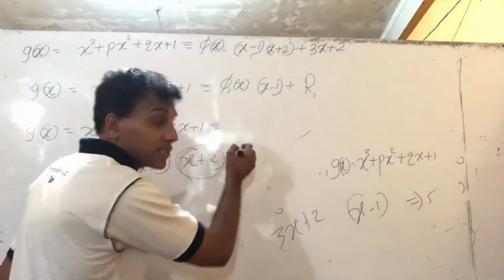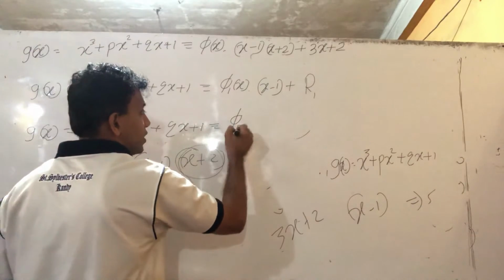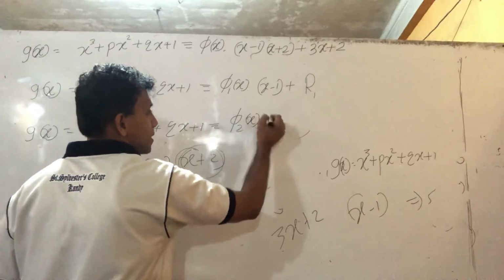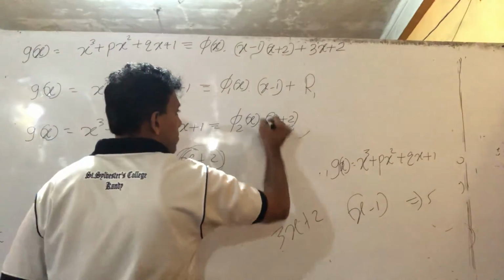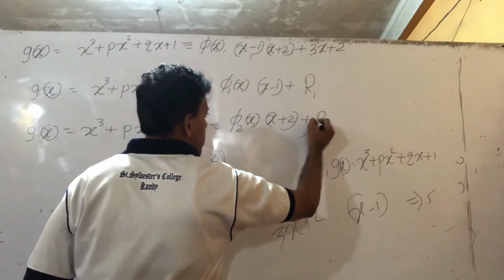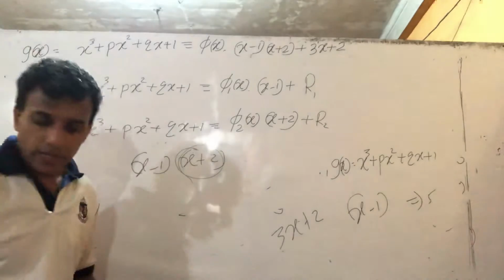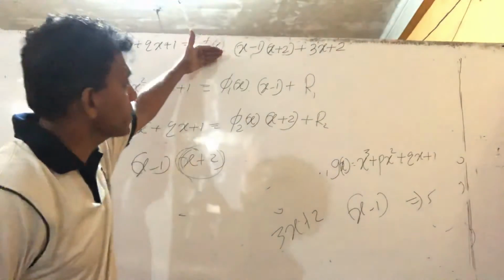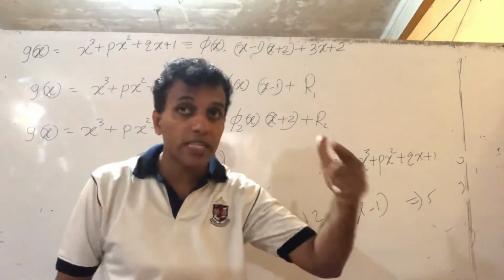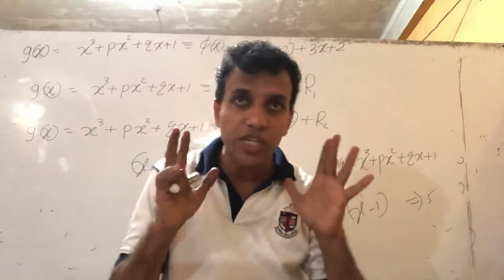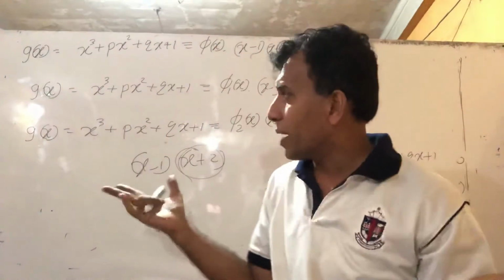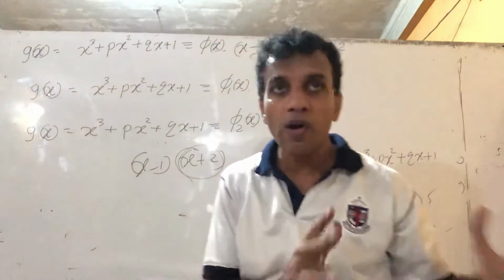I say the answer is Q2(x), times the divisor x + 2, plus the remainder, say R2. There is a relation from this part and this one, so we don't work like the previous one. Otherwise, you don't need to find the traditional method. You can go that way, no problem, as homework.